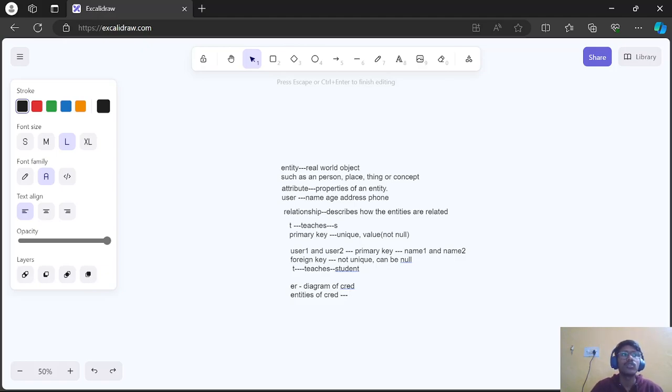So let's go with the entities of CRED. The entities can be the end user, the one who uses the CRED app, the product which he is going to purchase if he does purchase anything, and the transaction that he makes to own the certain product.